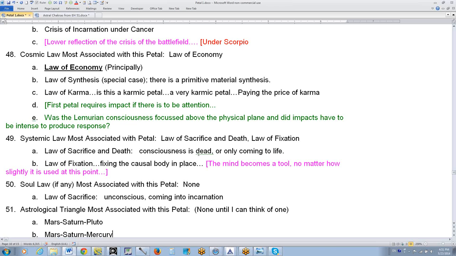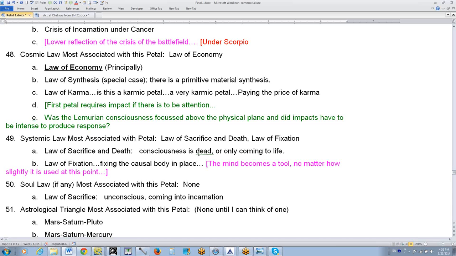I understand that the Bamiyan Buddhas that were destroyed, was it in Afghanistan, were considered to be replicas of these early types of human beings, and thus does ignorance destroy the record. What is the systemic law most associated with this petal? Well, it's the law of sacrifice and death.